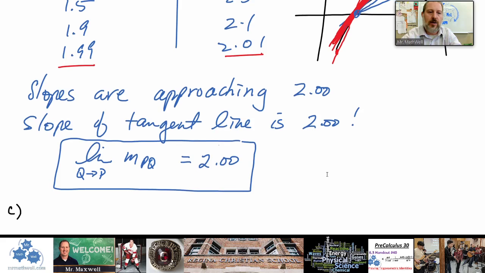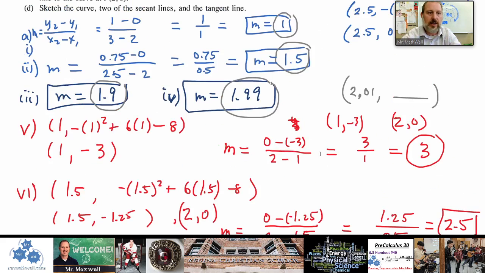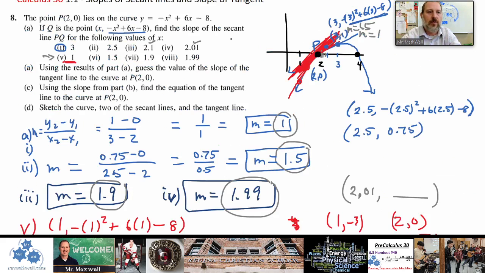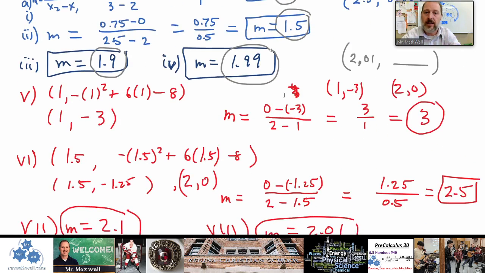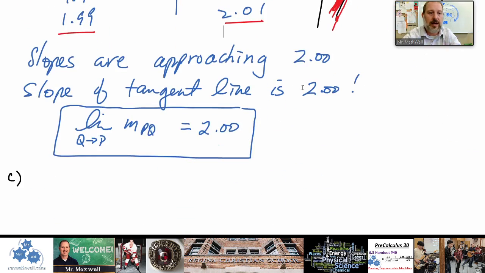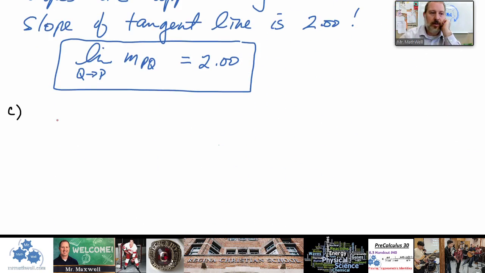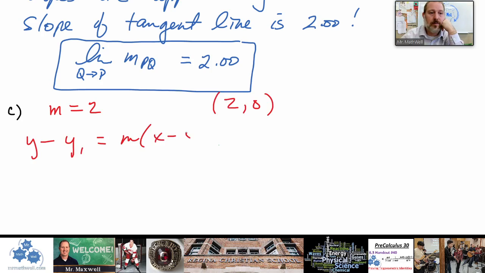Now, to finish off this question, it says use the slope from part B to find the equation of the tangent line. We've done that earlier in the lesson, but we can do that again. We do have the slope now, so the slope of the tangent is 2, and we do have a point. The point is (2, 0), right? So we can pretty easily use our point-slope form and plug in our values.